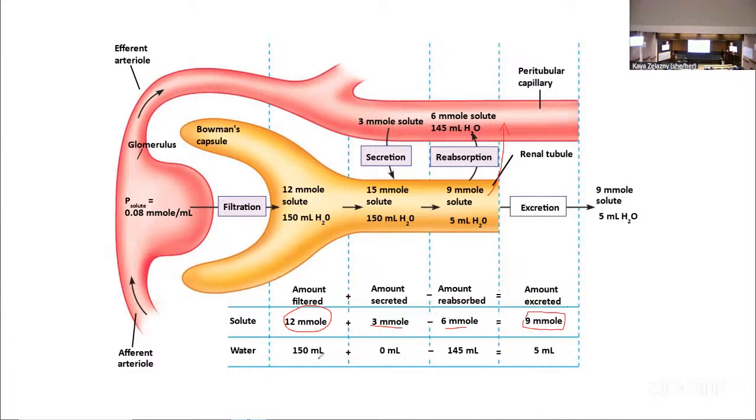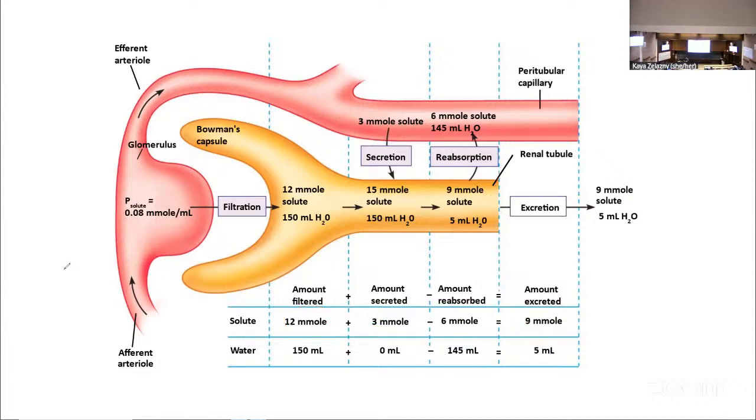We could also do this with water. Water would behave the same way. So we have a lot of water filtered into the kidney. We're not going to see much secretion happening here, but we will see an awful lot of reabsorption of water, which is part of why you are not urinating 100% of the time, 100% of your life.